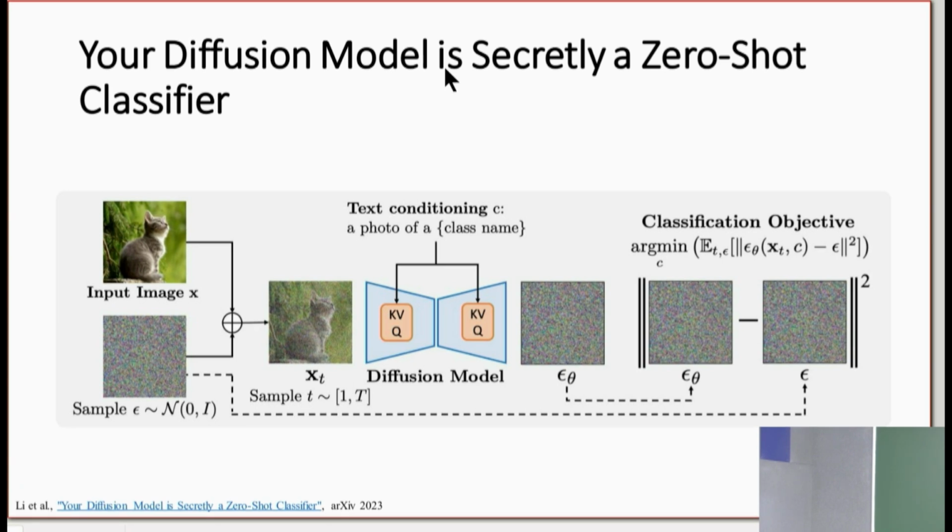As you can see from the diagram, you take the input image, add some noise to it, and of course you don't know what is in the image. It goes in, and the denoiser predicts what noise was added, that is epsilon theta, and then the actual noise goes in.